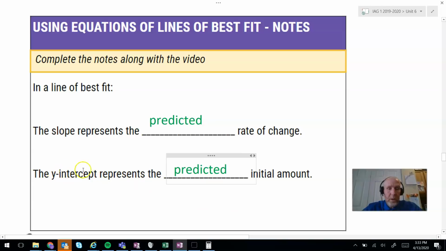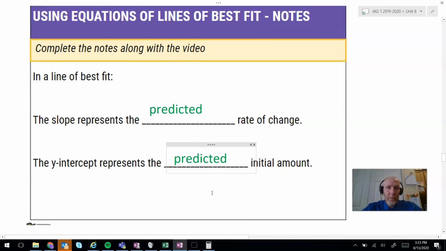Again, we knew the y-intercept always represents the initial amount. In this situation, though, when it's a line of best fit, the y-intercept represents the predicted initial amount.